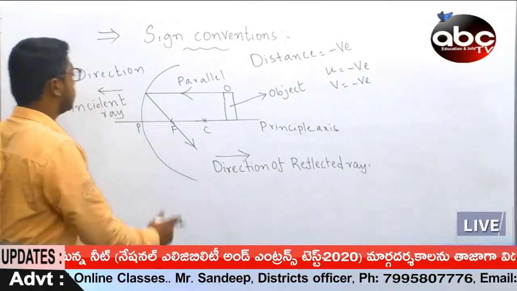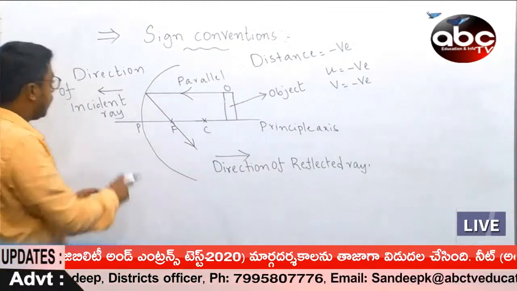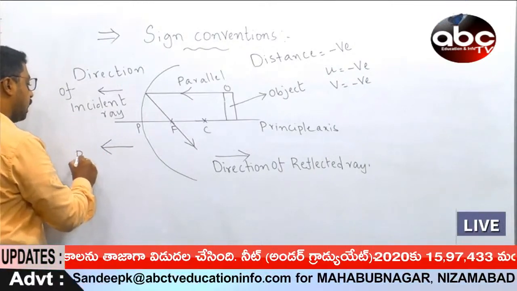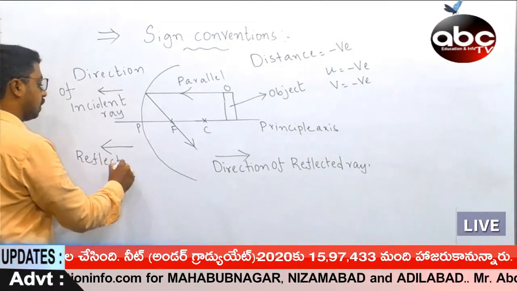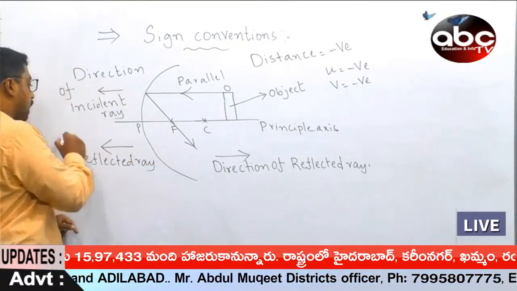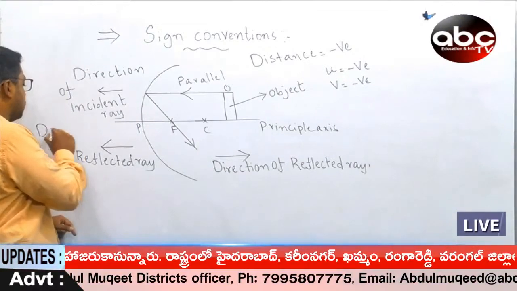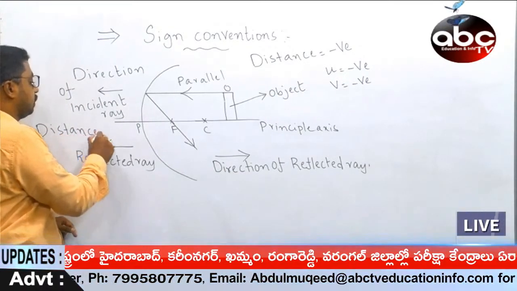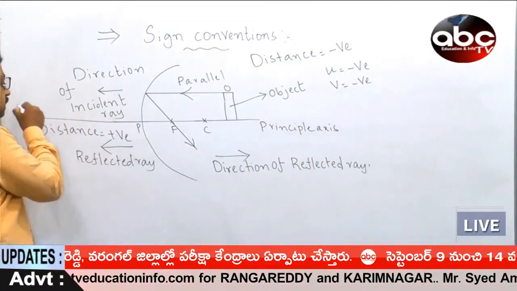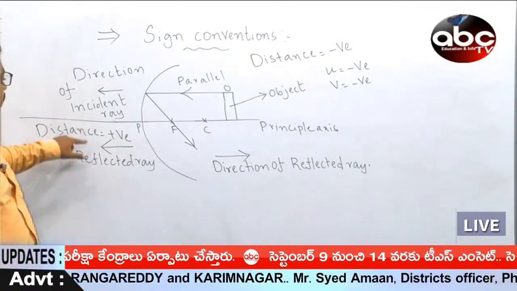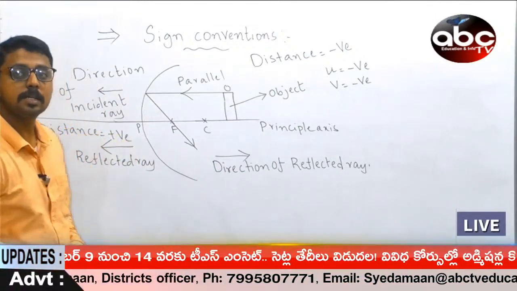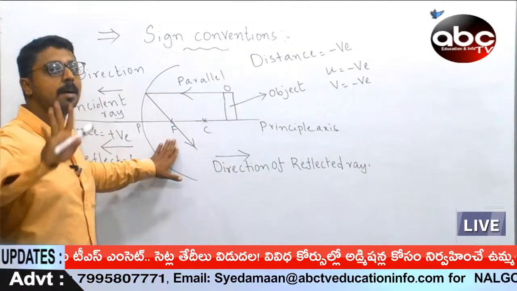If suppose the incident light ray is in this direction and the reflected light ray is also in this direction, then here you can take the distances as positive. Do not mingle this and this, because this is an upper section, this is a lower section. So here we have to observe two points well.